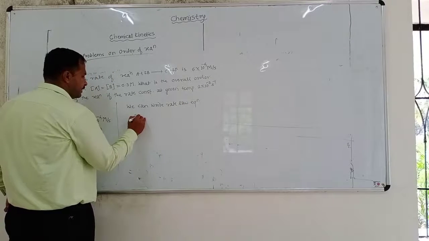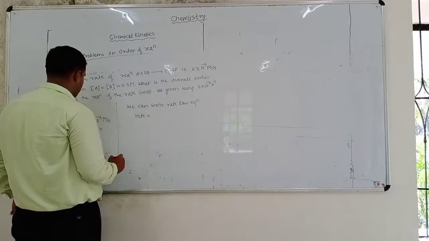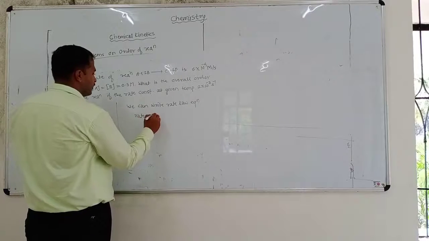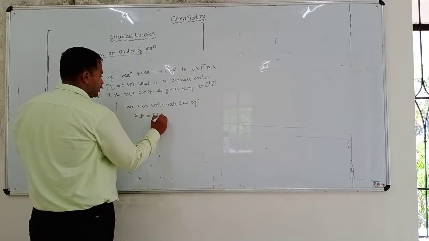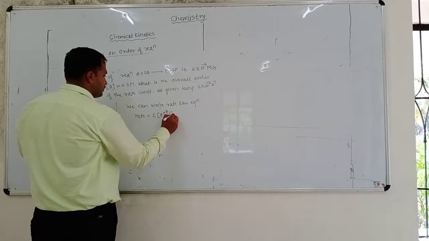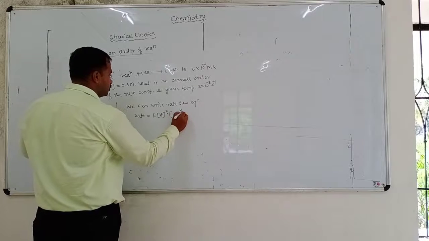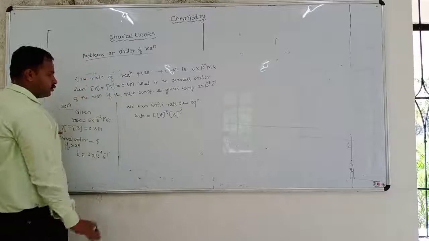First, rate is equal to k into concentration of A raised to x, concentration of B raised to y. ओके, बघा किती सोपं आहे.